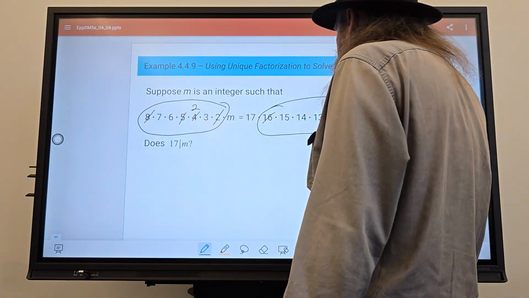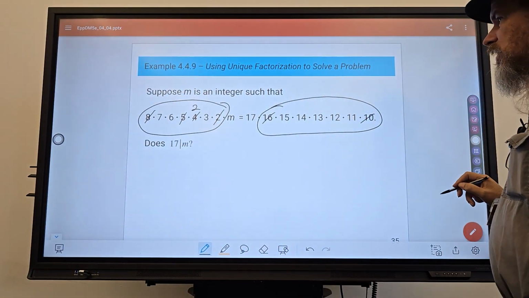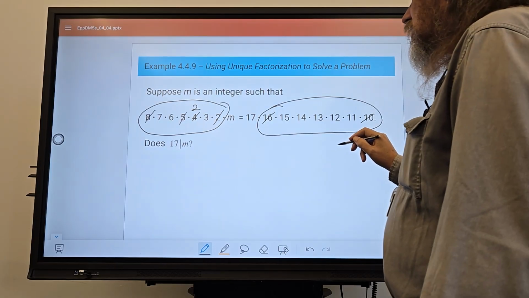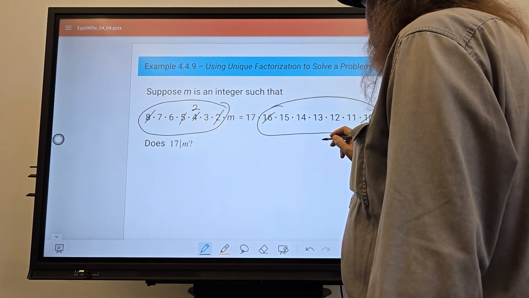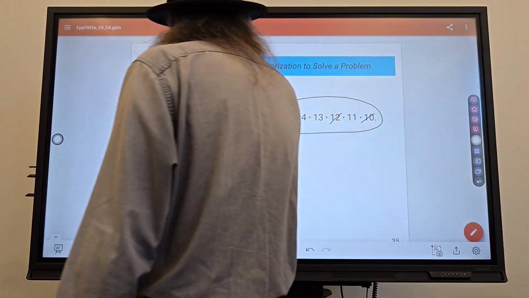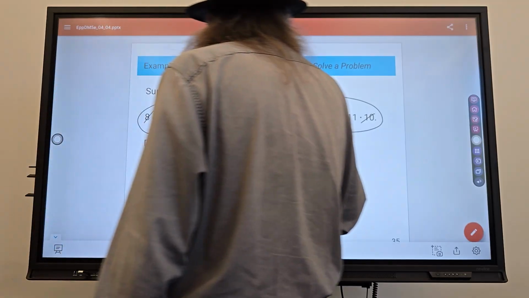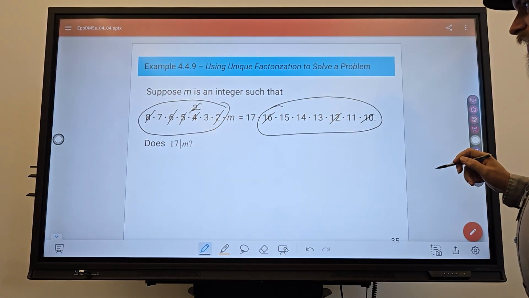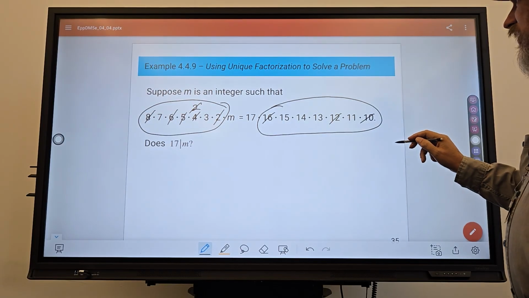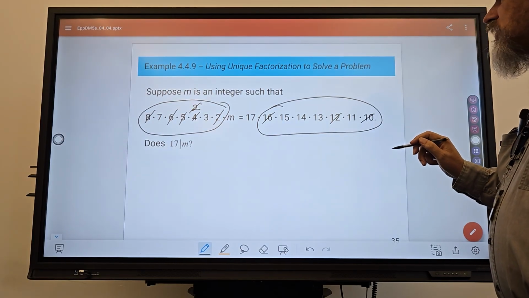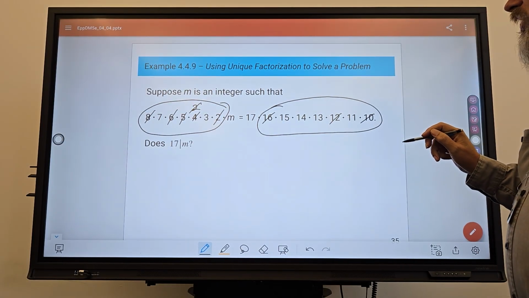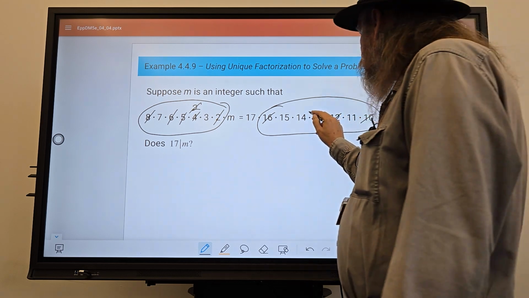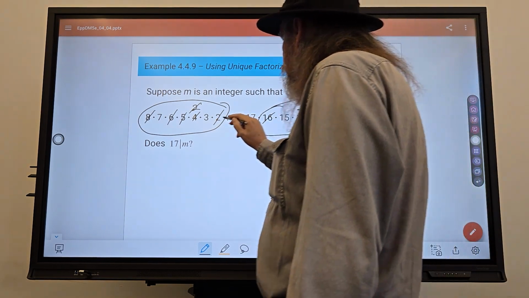That's 10. 2 and 6, get rid of the 12. 14 is 2, and this is 7.